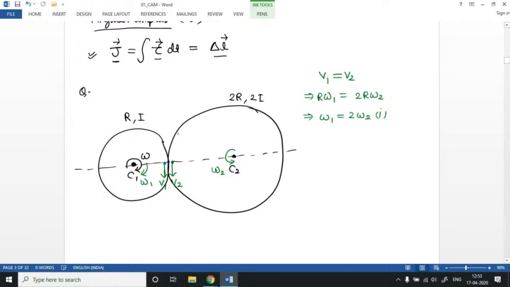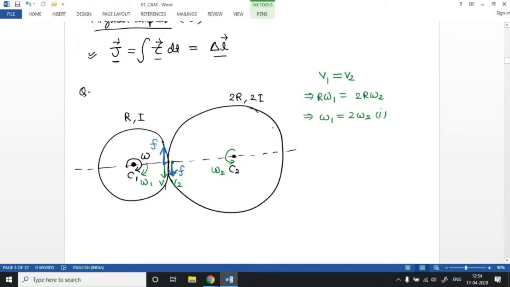Since it is in contact with the larger disk, the larger disk will apply some frictional force on it in the upward direction, and equal and opposite friction will act on the larger disk in this direction. So this is the action reaction pair of friction. This friction will exert torque on the smaller disk as well as the larger disk.